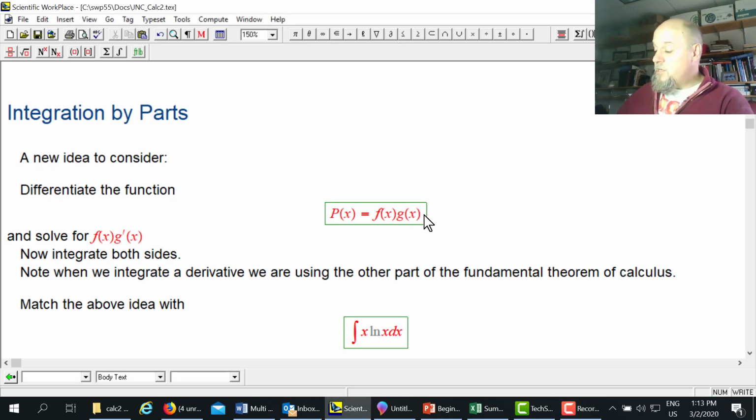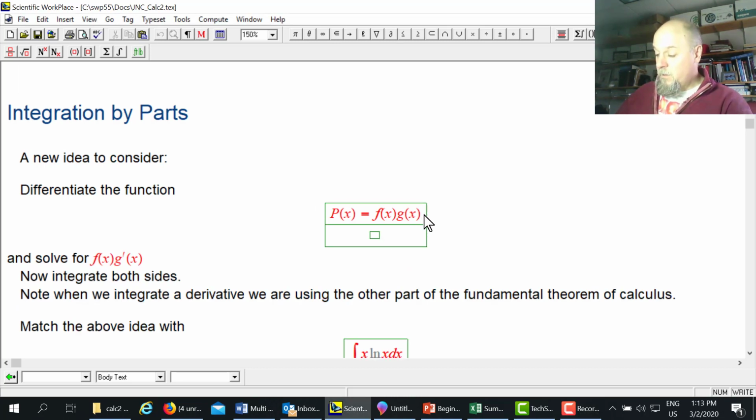Now if I were to differentiate that, p prime would be equal to: differentiate the first function, leave the second function alone, plus leave the first function alone, times the derivative of the second. So that's just me differentiating using the product rule.